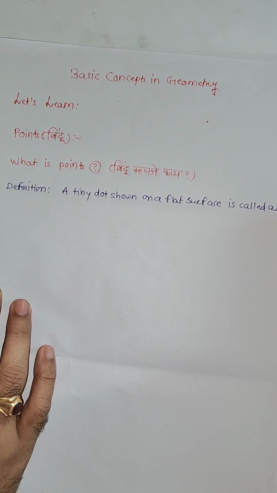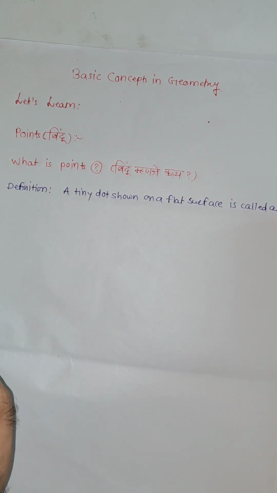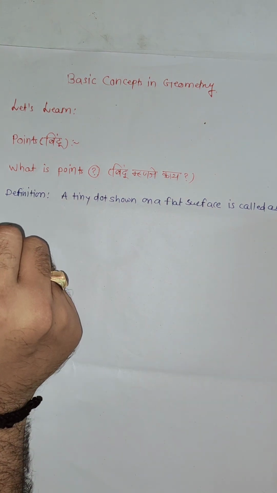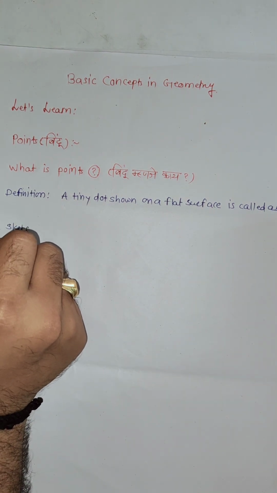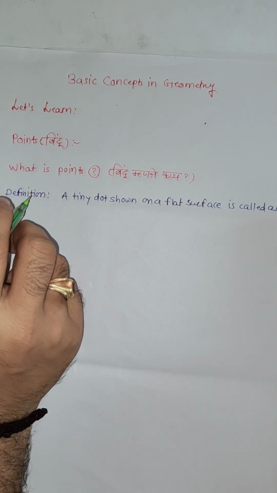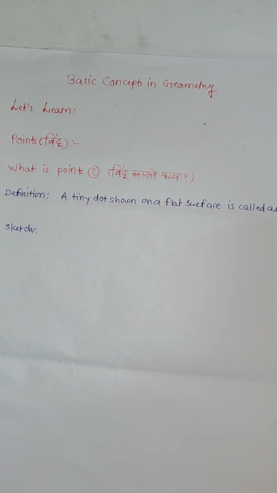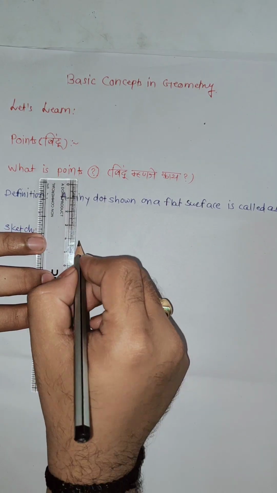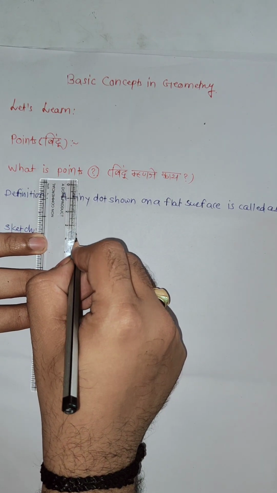Now, second point is sketch. What is the sketch of the point? Use a pencil and scale or ruler. With the help of this, we can draw the figure of points.